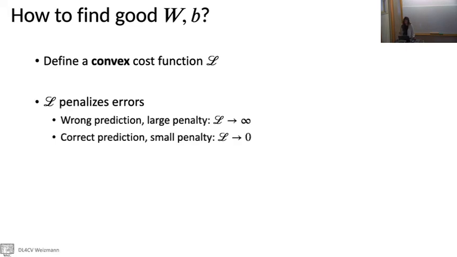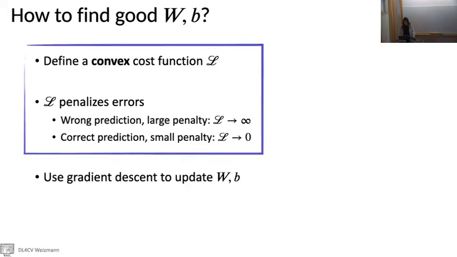And if our classifier predicts correctly, we want the loss or the cost function to approach 0. And we're going to use gradient descent to update W and B using the loss. I think you slightly covered gradient descent in the last lecture, but we're going to see a concrete example in the next few slides.